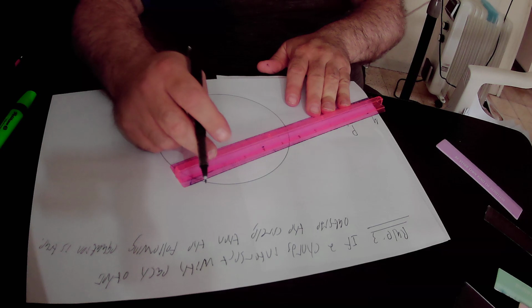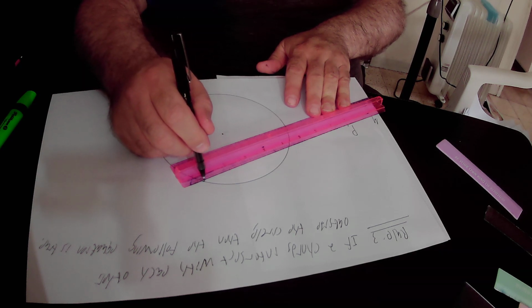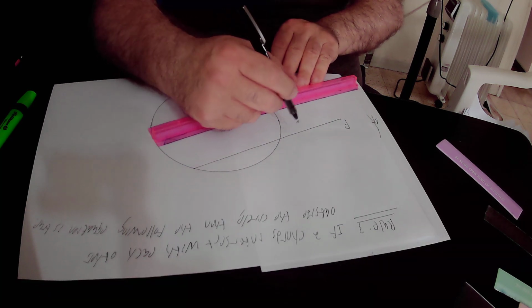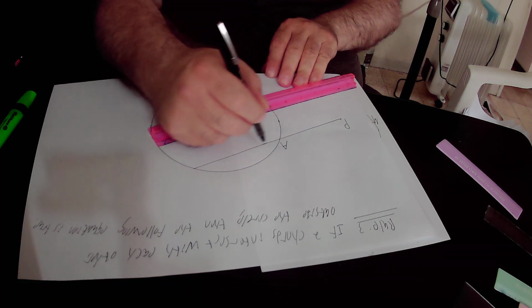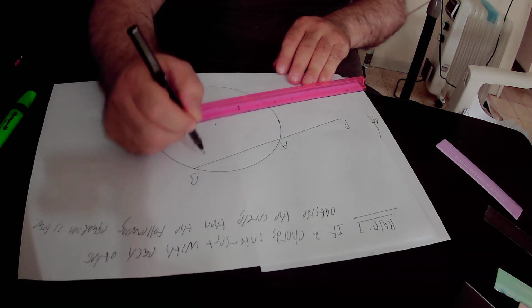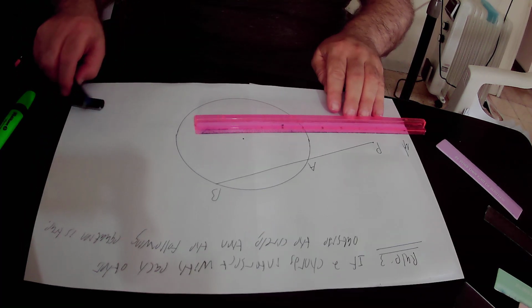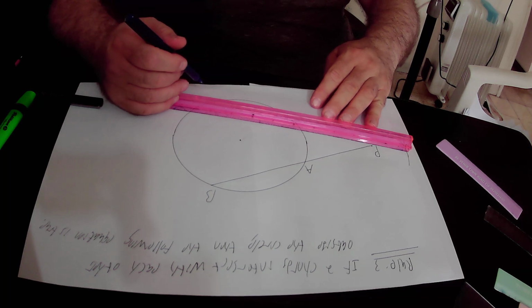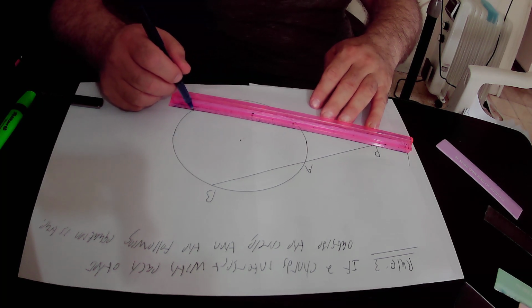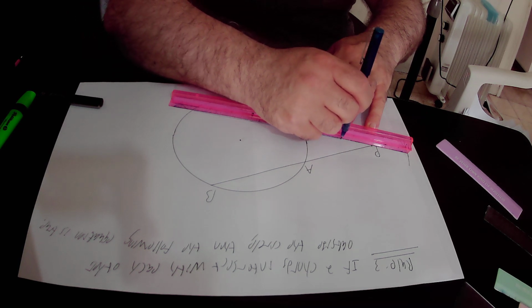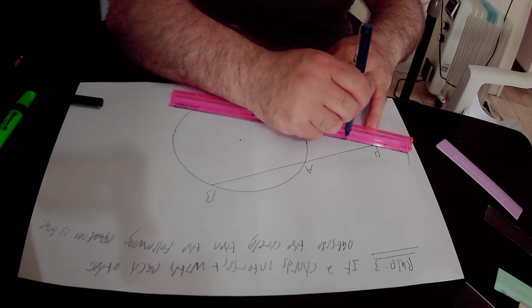Okay, so we actually have chord AB that intersects with chord CD. This is chord CD.